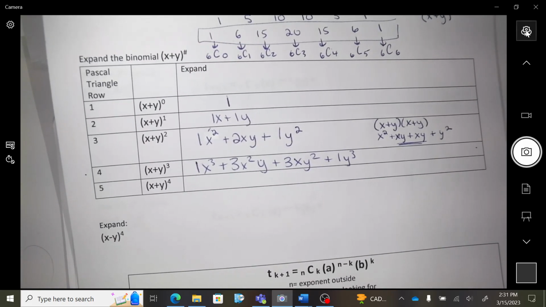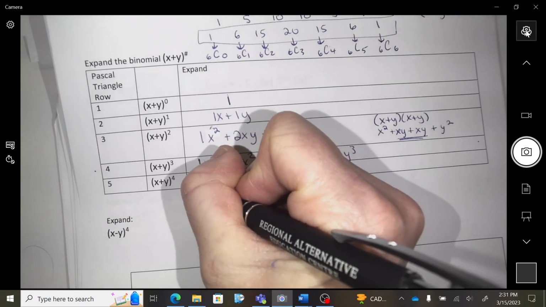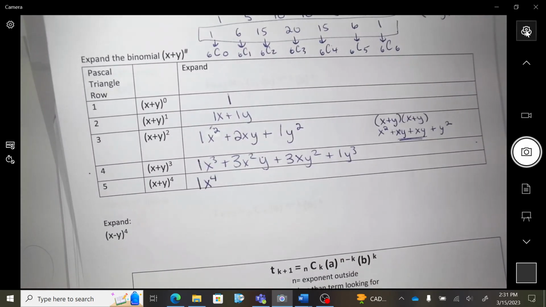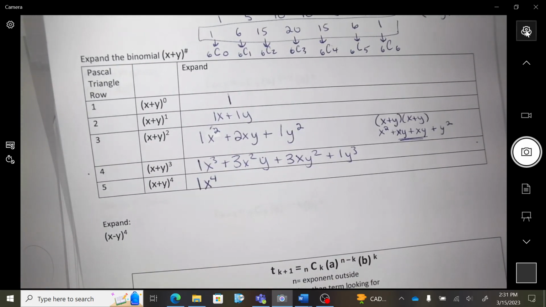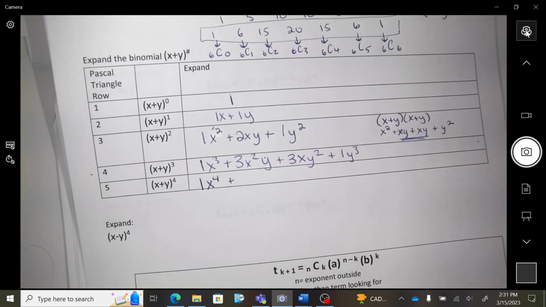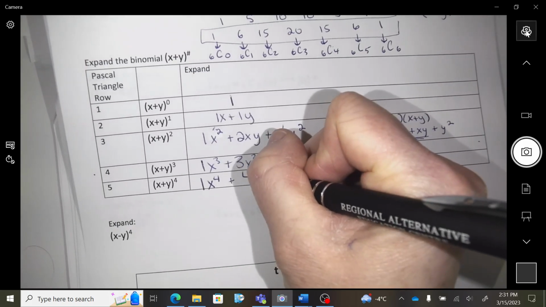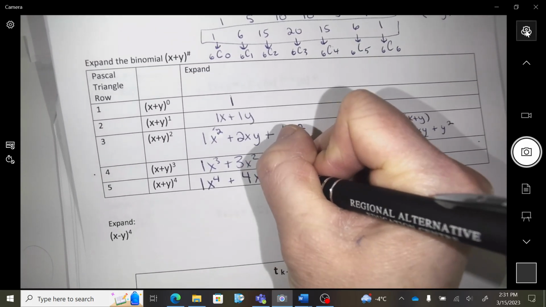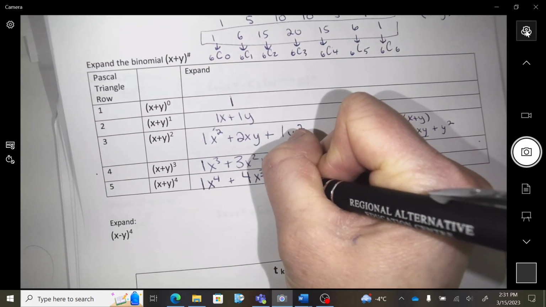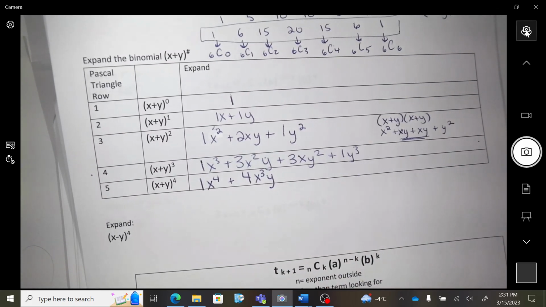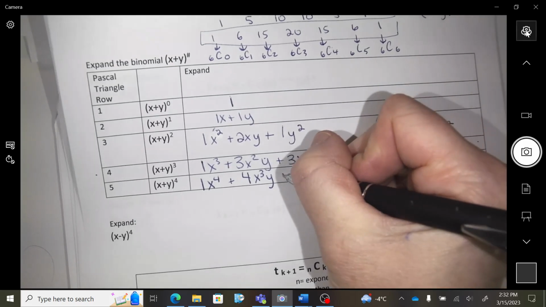Okay, so the next is going to be 1x fourth plus, what's the next number? 4 x cubed y. What's the next digit? 6.